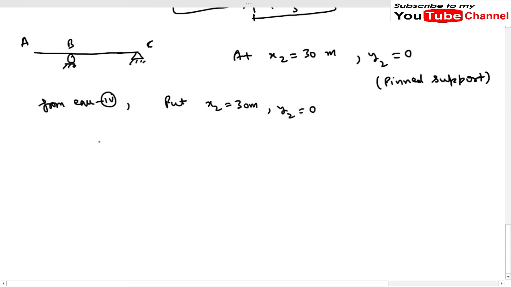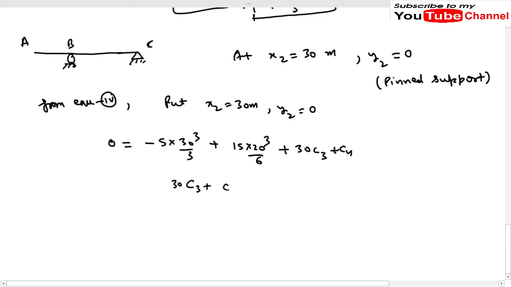After putting these, we will get 0 on the left hand side, and on the right hand side we will get 5 into 30 cube divided by 3 plus 15 into 20 cube divided by 6 plus 30 c3 plus c4. And after solving we will get 30 c3 plus c4 is equal to 25,000. So this is another equation which we have got.